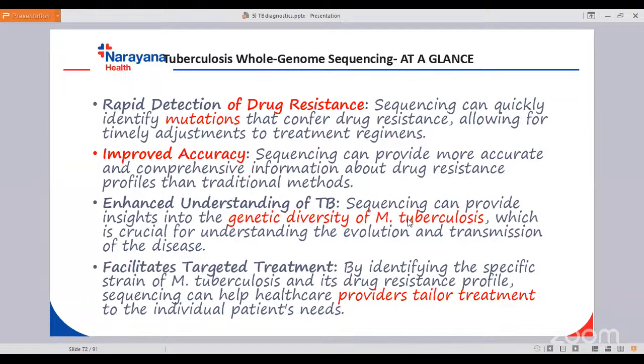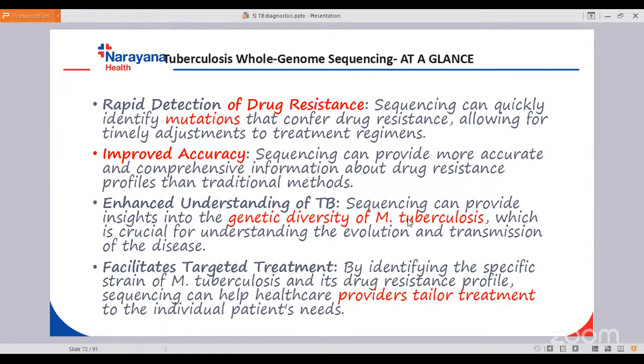So we need to understand that whole genome sequencing is a new buzzword, and sequencing is coming into microbiology in a big way. The whole genome sequencing has managed to sequence the entire DNA of Mycobacterium tuberculosis.